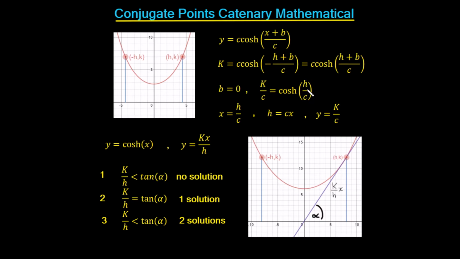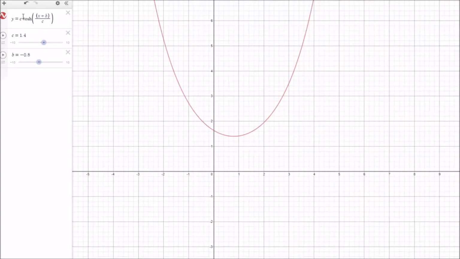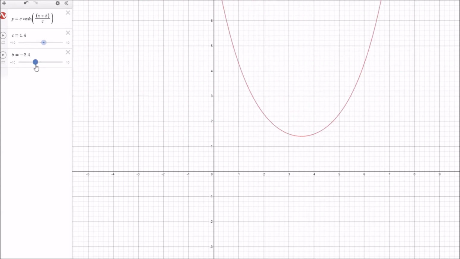So let's have a quick look at this function in the graphical calculator, and we'll see how the value of c and b changes the shape of it. So we have our catenary here, y is equal to c cosh of (x plus b) all upon c, and you can see that whenever we adjust the value of b, all it does is move the function left and right.